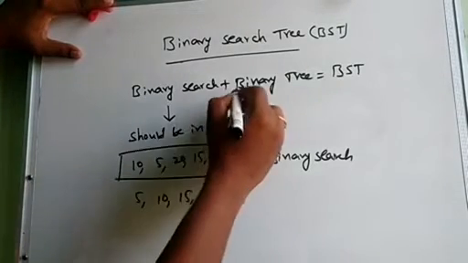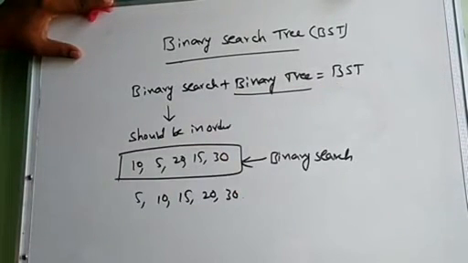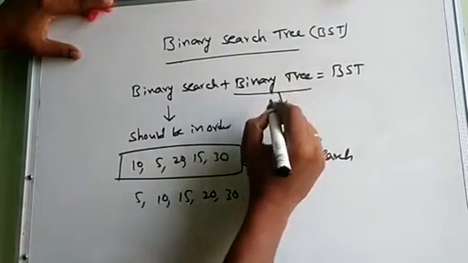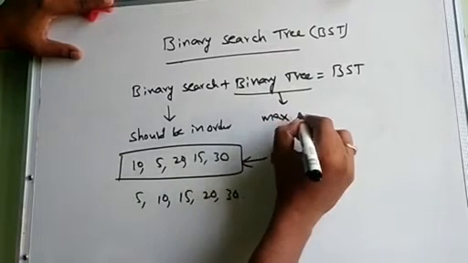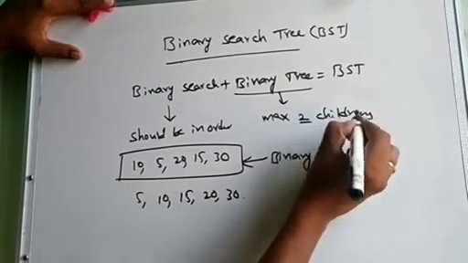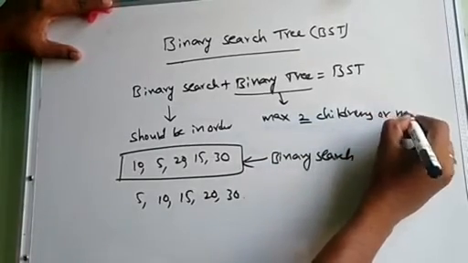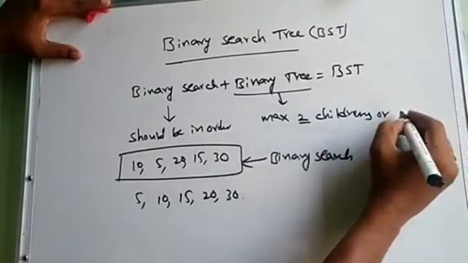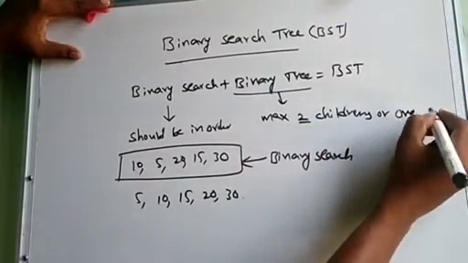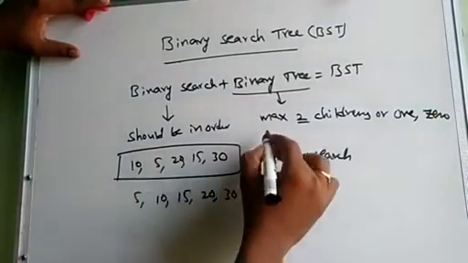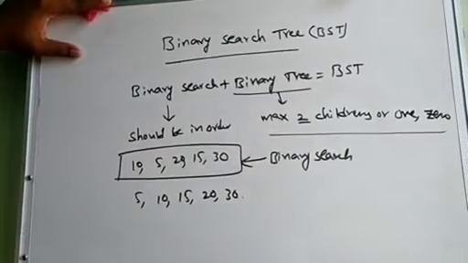Next, what about the binary tree? We know the rules of the binary tree. The tree has a maximum of 2 children, so each node has 2, 1 or 0 children. These are the binary tree rules.